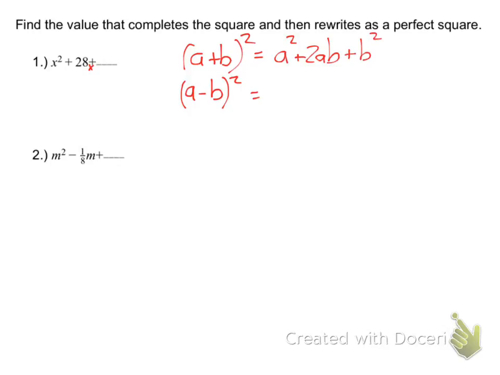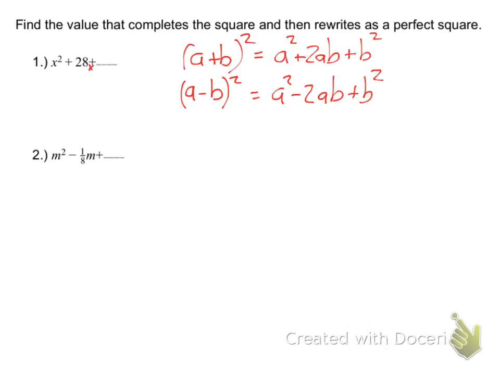And for a minus b squared, it's still a squared, but now minus 2ab plus b squared. Those are my expansions. What I'm trying to do is create this pattern, and if I can, then I know I can write it as a plus b or a minus b. That's completing the square.